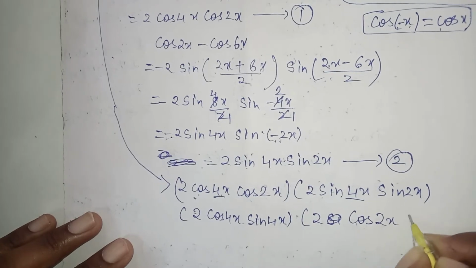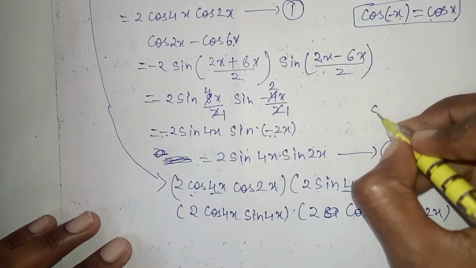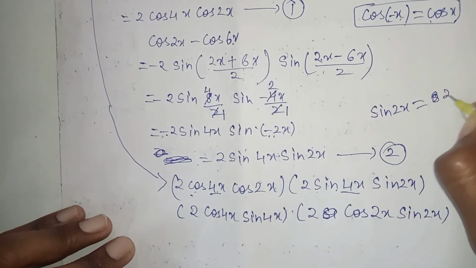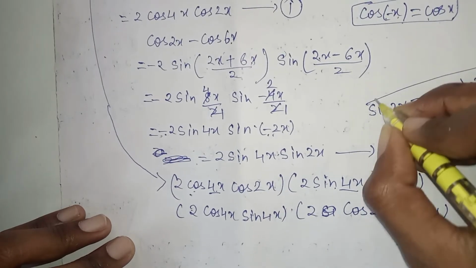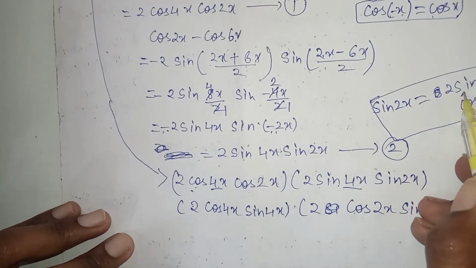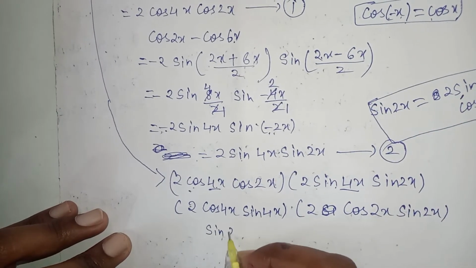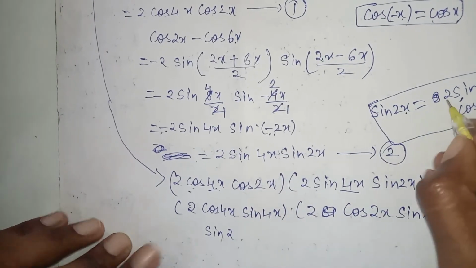And cos 2x sin 2x. As I've said in the previous question also, what is the sin 2x formula? 2 sin x cos x. So when it is in which form? Left to right form, so you have to convert to the left form. Sin 2 into x. What is in place of x? 4x is there.